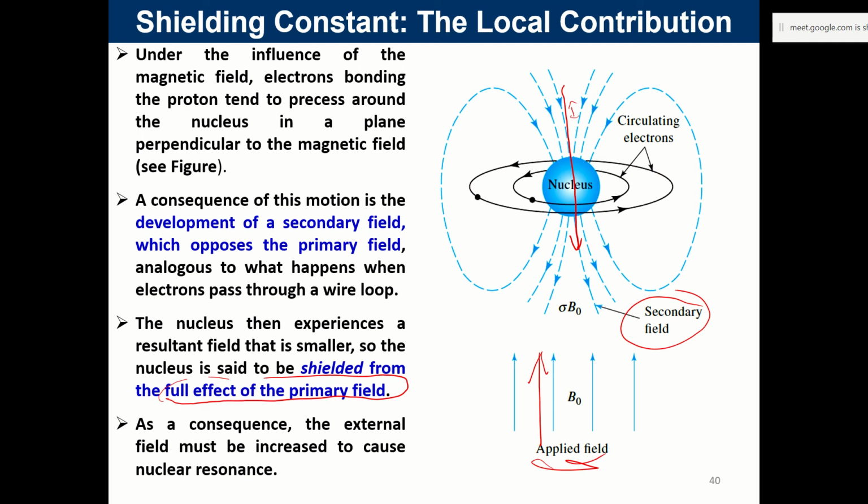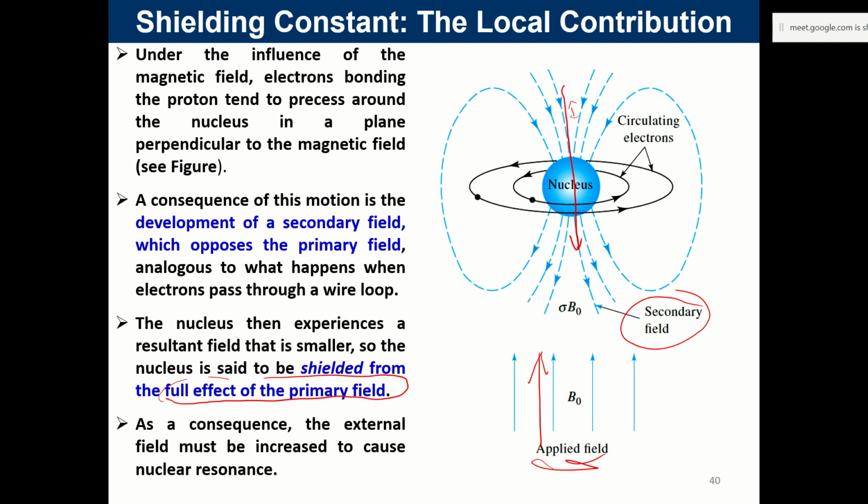So if you have a fixed source of radio frequency, then you need to increase the magnetic field to bring it to resonance. That is the idea why we say high field region or low field region.